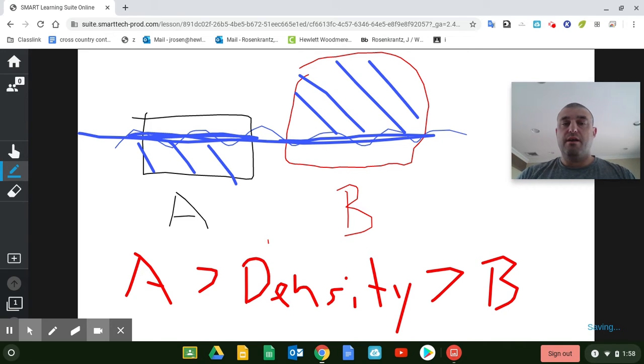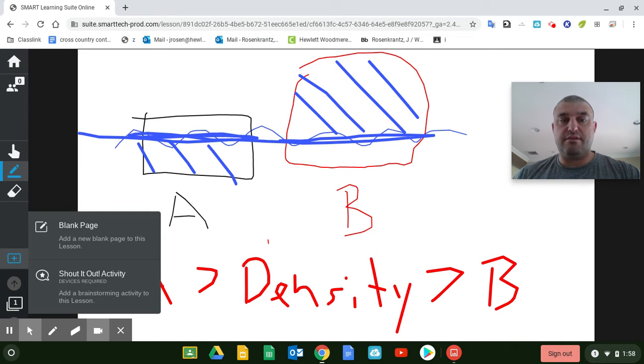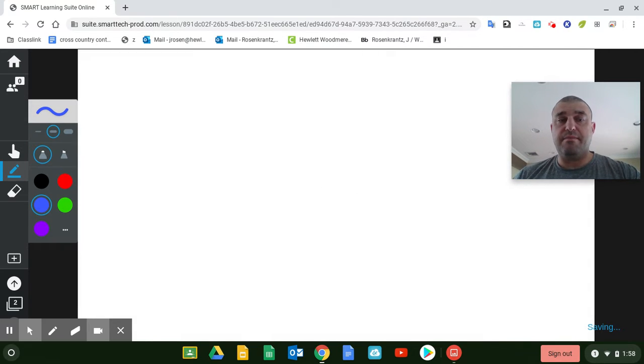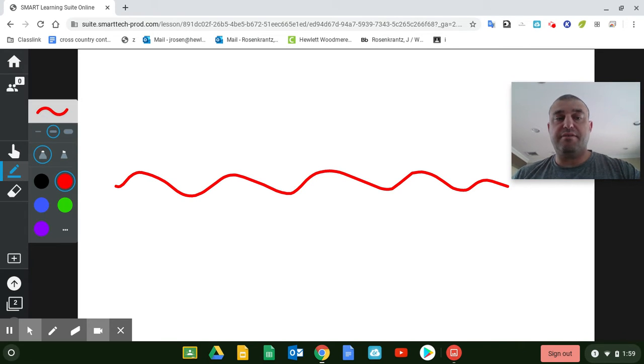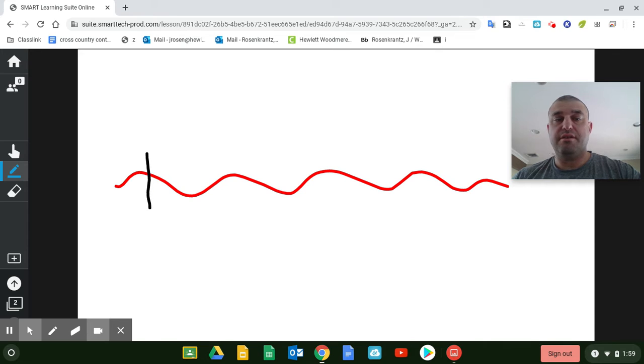All right? So understanding how things float is actually a crucial concept, which is part of density, in understanding the theory of plate tectonics. So if we take that same analogy of how things float, and now we relate it to an ocean of magma, but instead of it being rafts, it's crust that's floating.